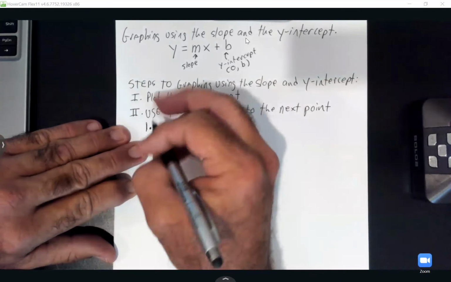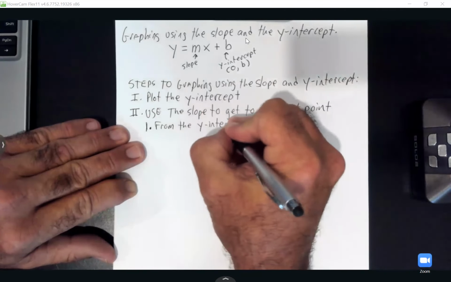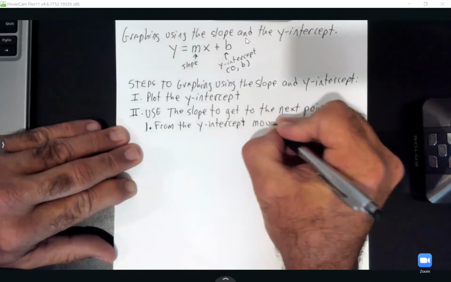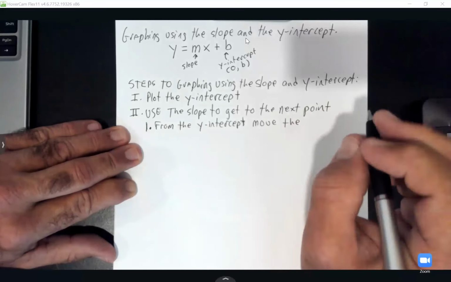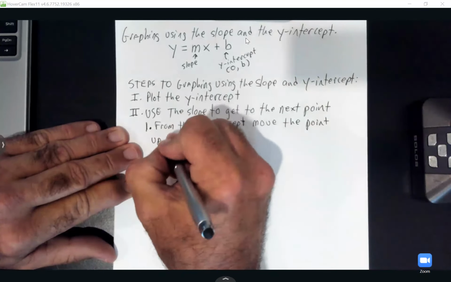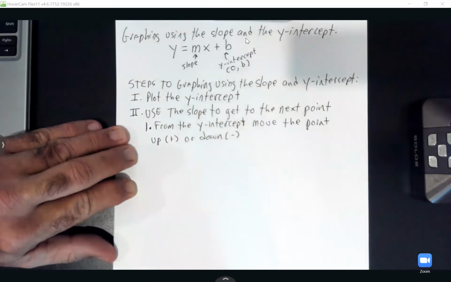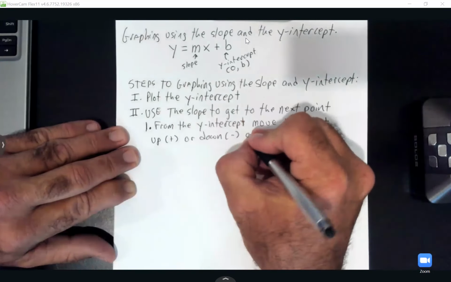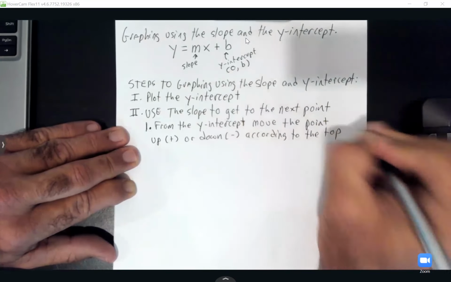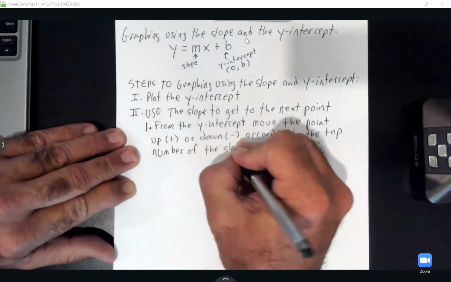From the y-intercept, move the point up if it's positive or down if it's negative according to the top number of the slope.